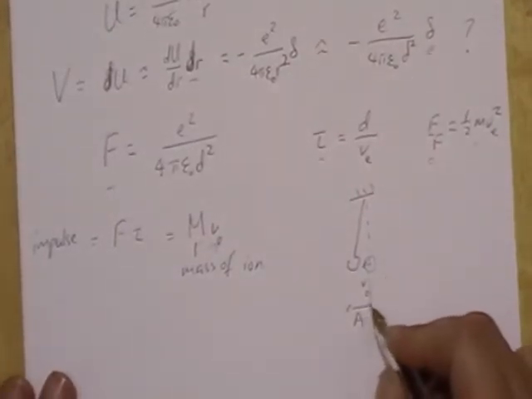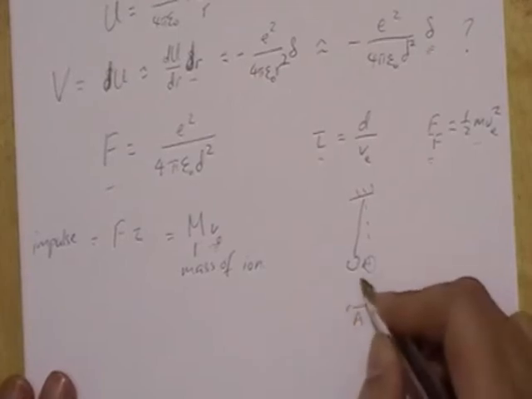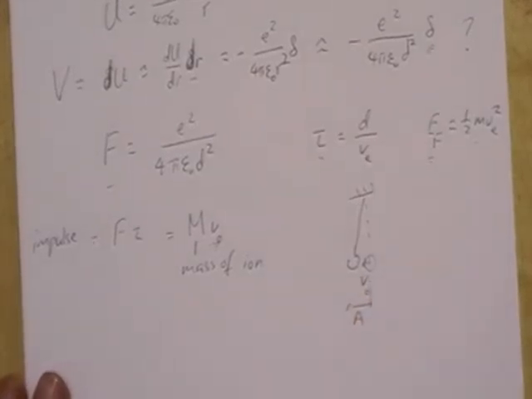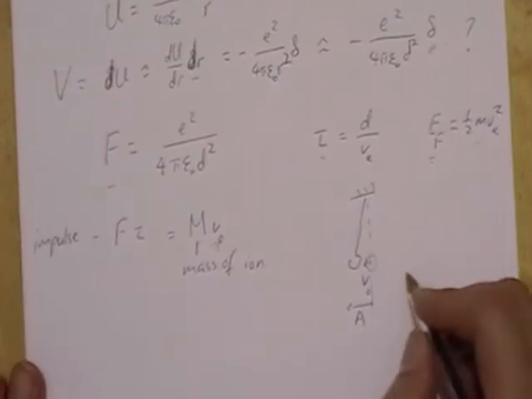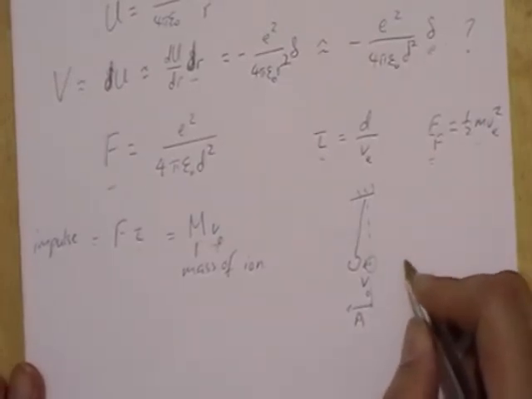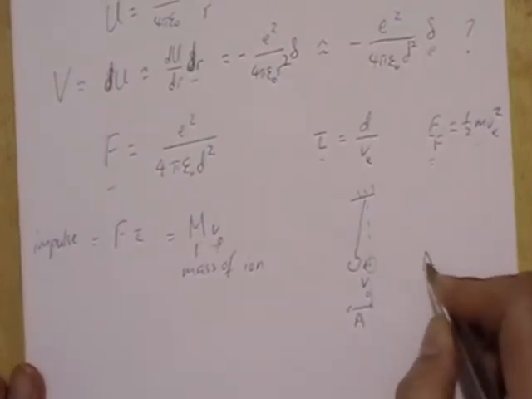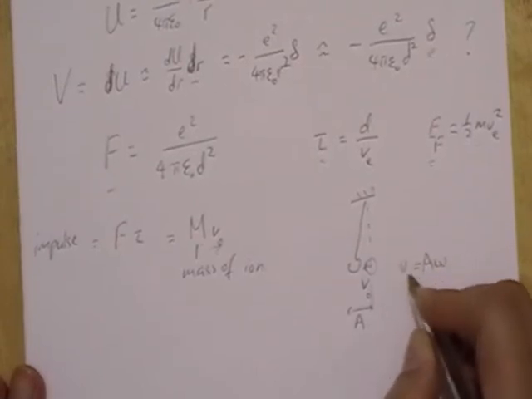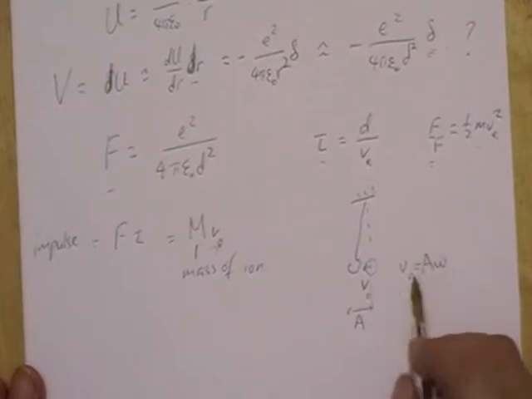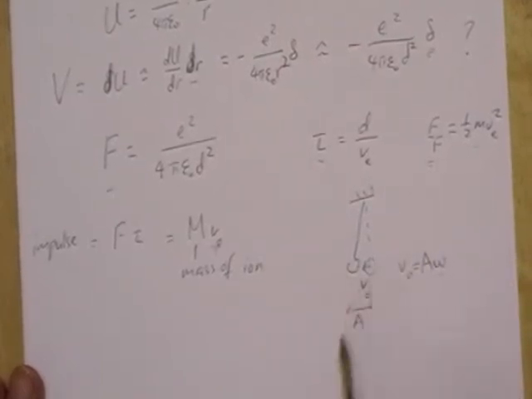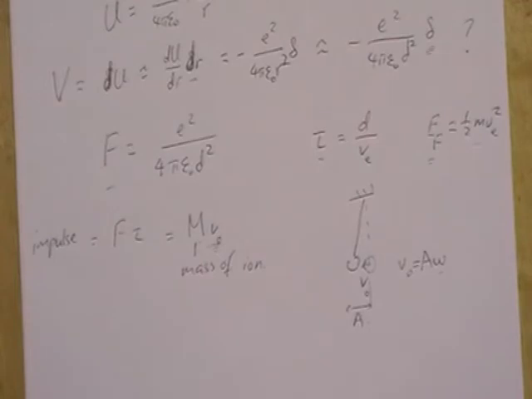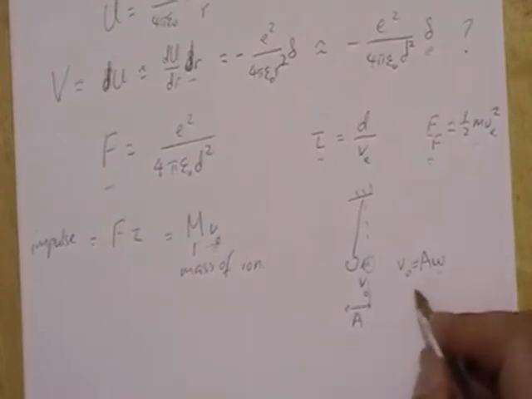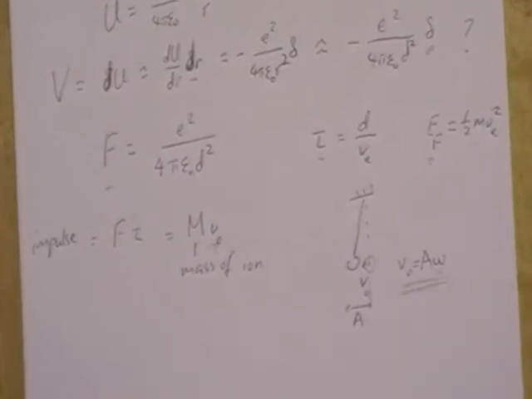So how are the maximum displacement and the starting velocity related? Well, they are related by A times omega equals v naught, where omega is the angular frequency of this oscillation. That's a simple harmonic motion result.